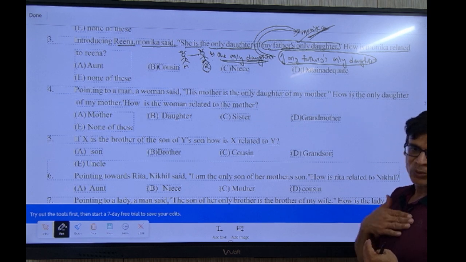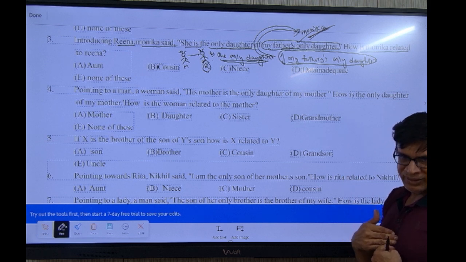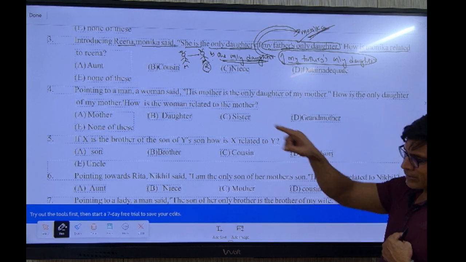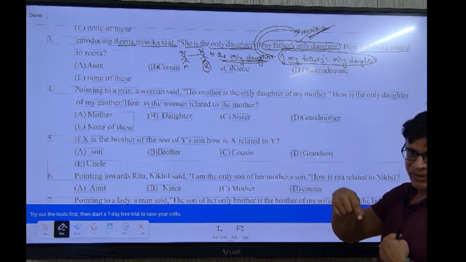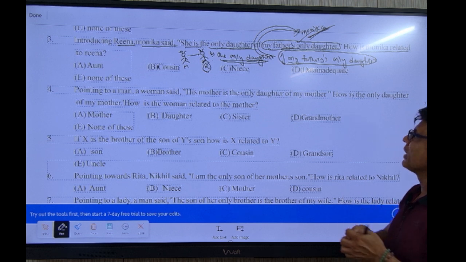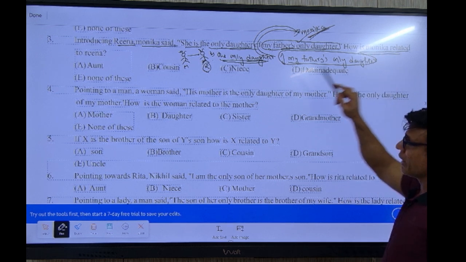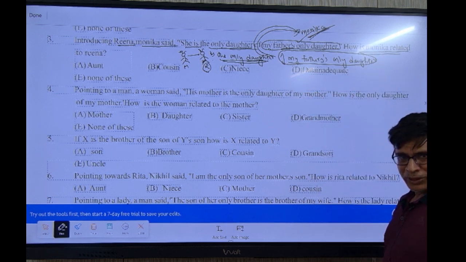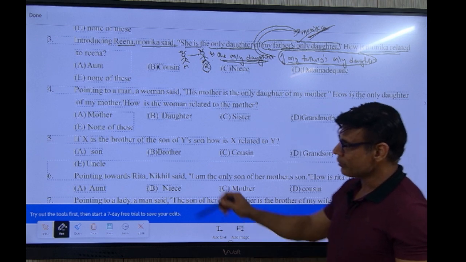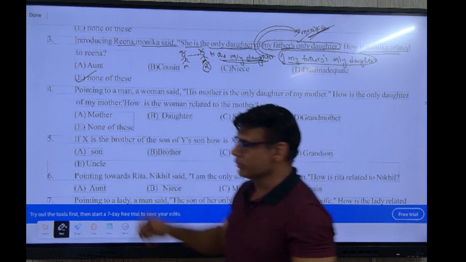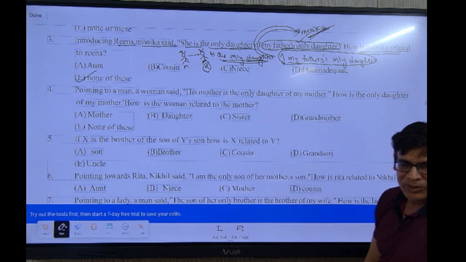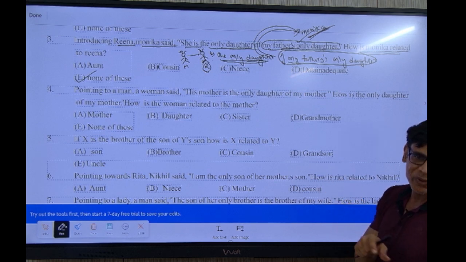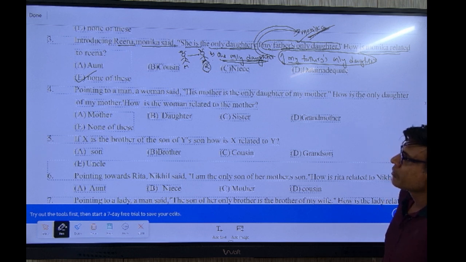My father's only daughter will be me, Monica, and this Reena is the only daughter of me. Now the question is, how is Monica related to Reena? So Monica is the mother of Reena. Answer is none of these. If only was not there, the answer would have been data inadequate. Understood?